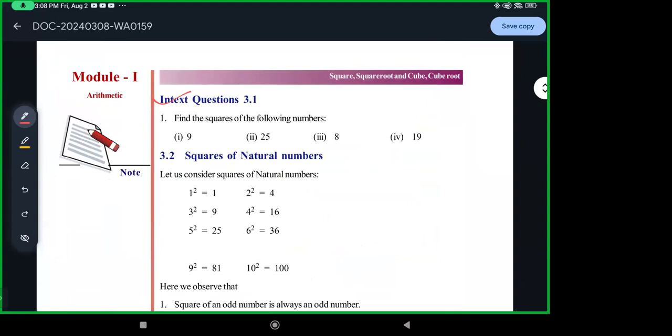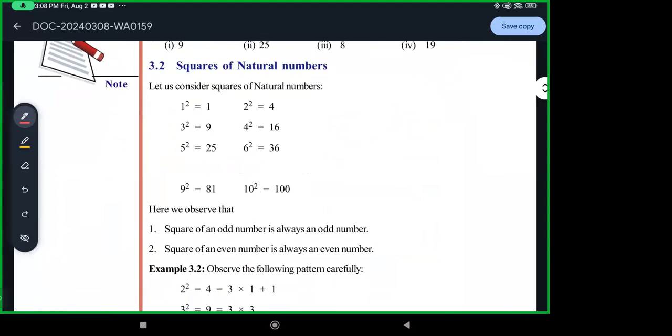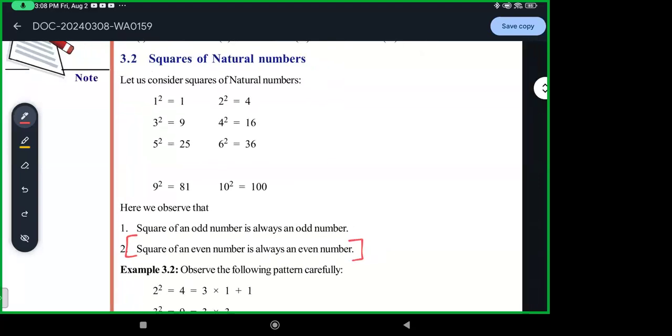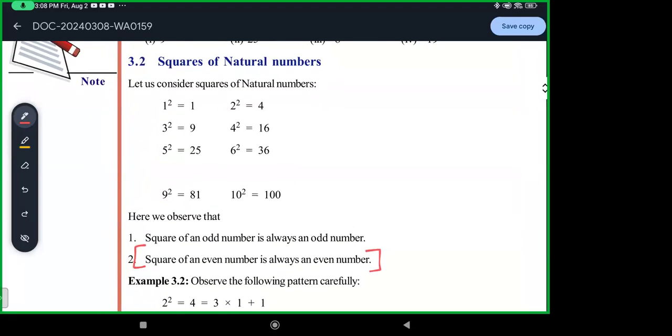Okay, then square of natural numbers. Let us consider square of natural numbers. Okay, now what happens, guys? Square of an even number is always an even number, and square of an odd number is always an odd number. Okay, suppose 3. 3 is an odd number.